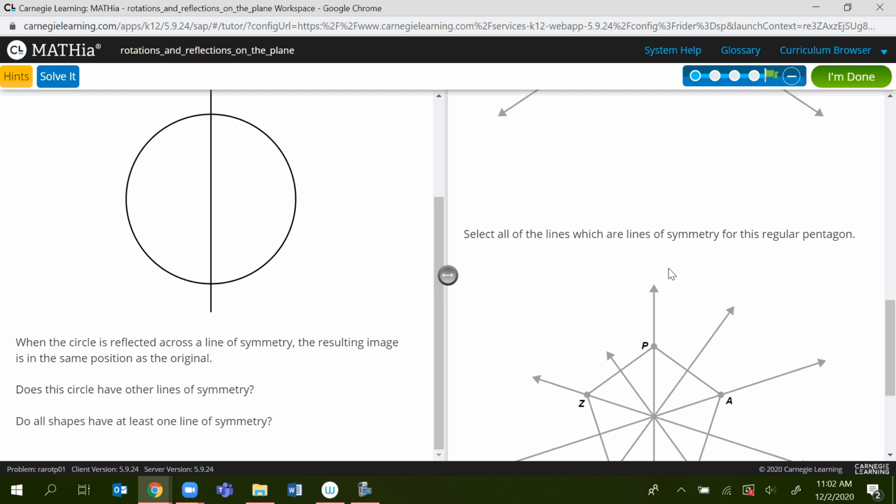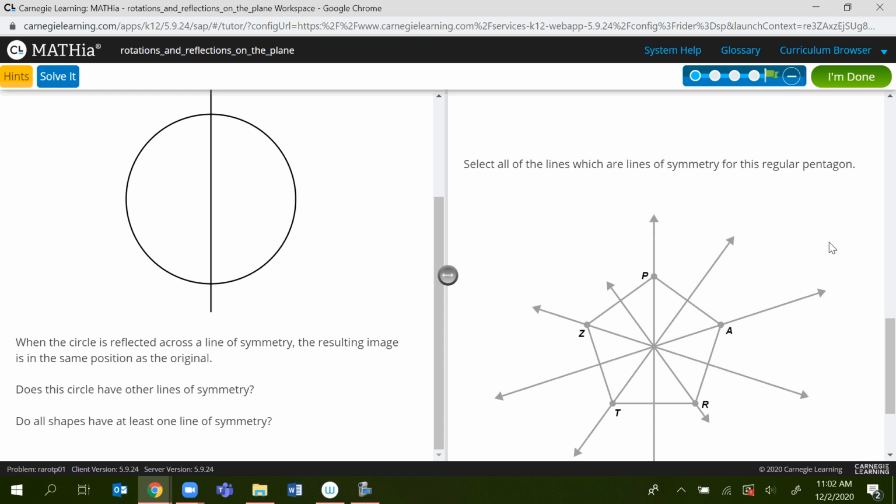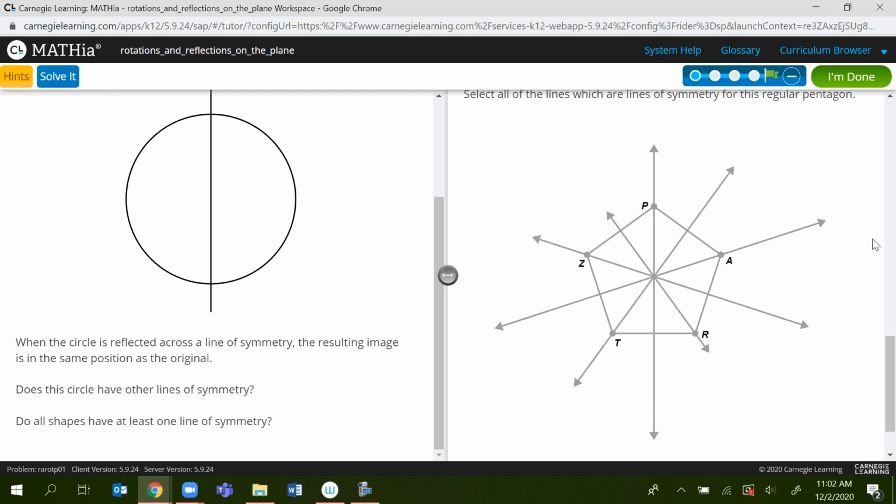Select all of the lines which are lines of symmetry for this regular pentagon. So let's take a look. If I folded along this line that it's showing, I believe it looks like all of my pieces would line up nicely. So I'm going to select that one.